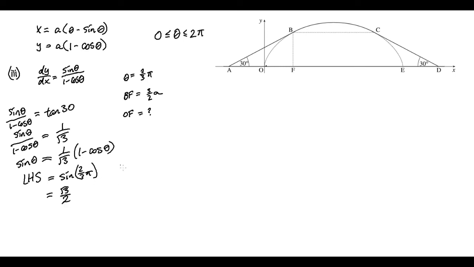What about the right hand side? The right hand side is equal to 1 over root 3 multiplied by 1 minus the cosine of the same thing, which is negative a half, so that is add a half.